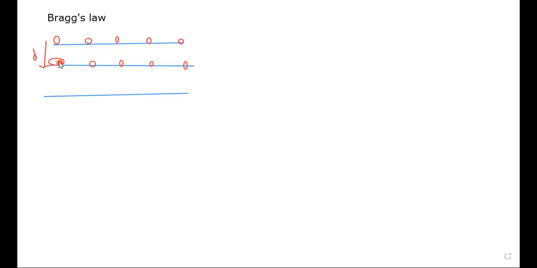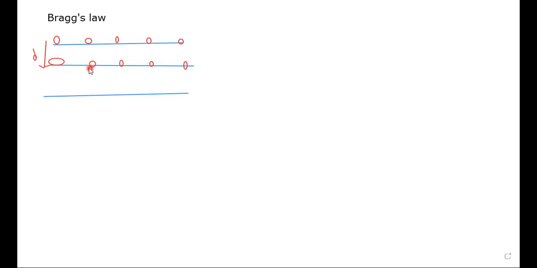It just scatters the radiation. So here, this is the crystal lattice, and we have the lattice planes, these parallel lines. In this crystal lattice, we have the atoms located in the parallel set of planes. It acts as a diffraction grating. First we have to identify which is opaque and which is transparent.